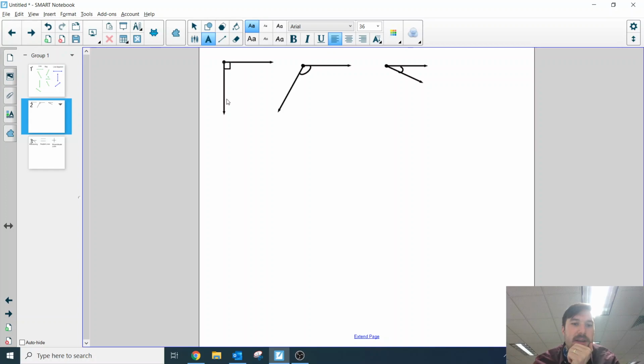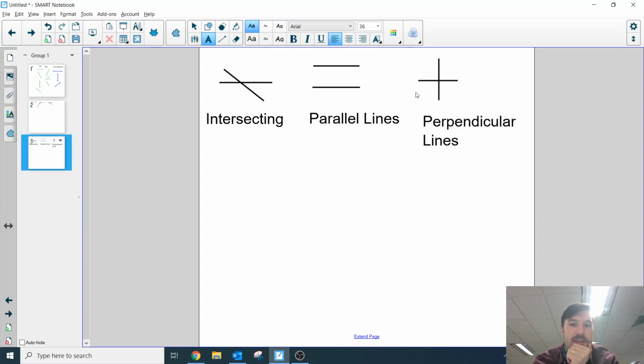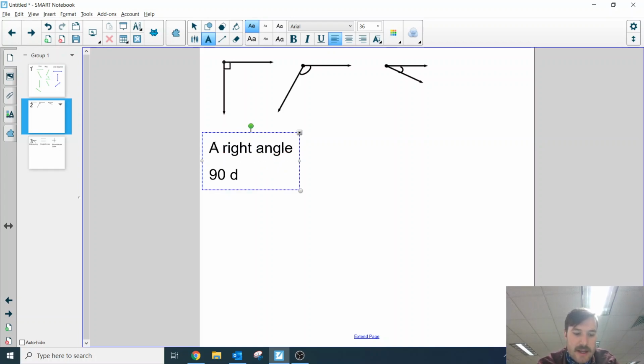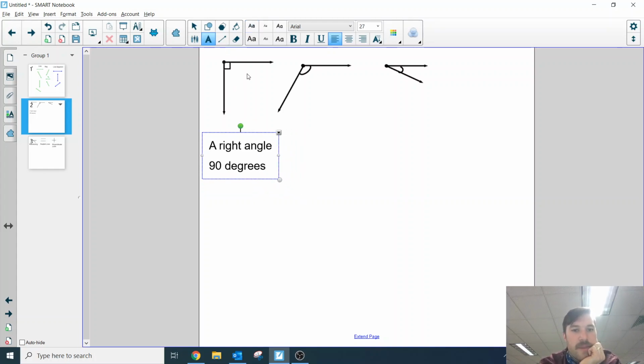This first one looks like these perpendicular lines, this section of it. So this first one is what we call a right angle. So it is exactly 90 degrees. So a right angle is exactly 90 degrees. So this would be a right angle.